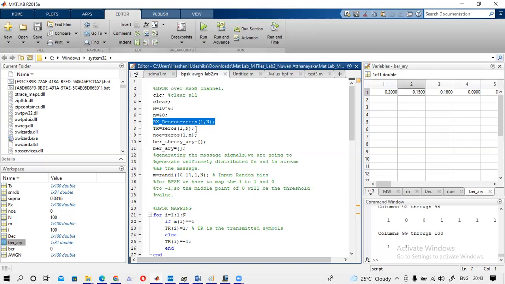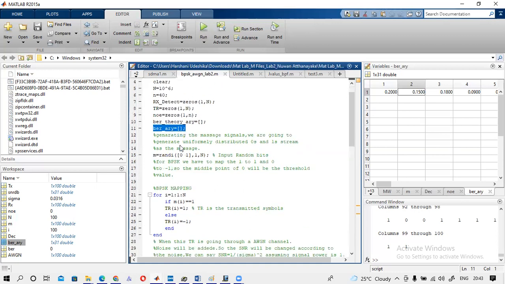Here also I do the same, and this array I defined to hold the theoretical bit error rate value, and this array to hold the simulated bit error rate value.